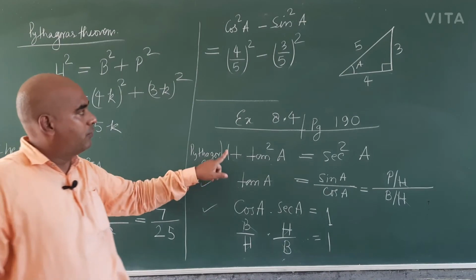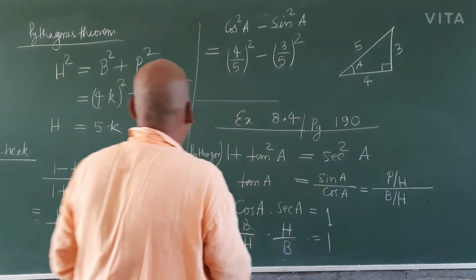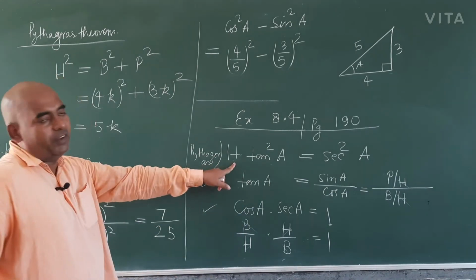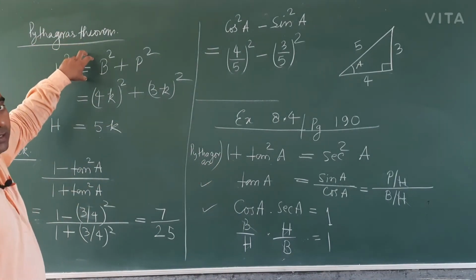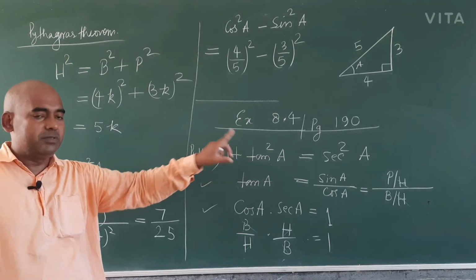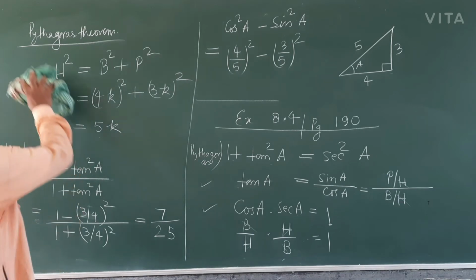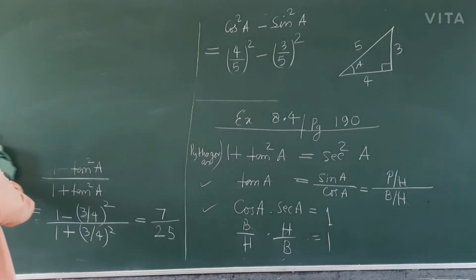Now I will use this formula to prove this equation. That will be in chapter number 8.4, and this is the full-fledged trigonometry. Here you have used Pythagoras, but Pythagoras in a different form: 1 plus tan square is equal to sec square. So we will not use Pythagoras, and we will prove it. You check.